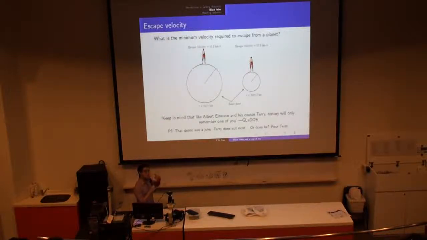In order to escape from the planet, you need to have enough velocity. So how fast do you need to escape the surface of the Earth? The answer is 11.2 kilometers per second. That is how fast you need to launch yourself from the surface of the Earth at sea level, right? 11.2 kilometers per second.